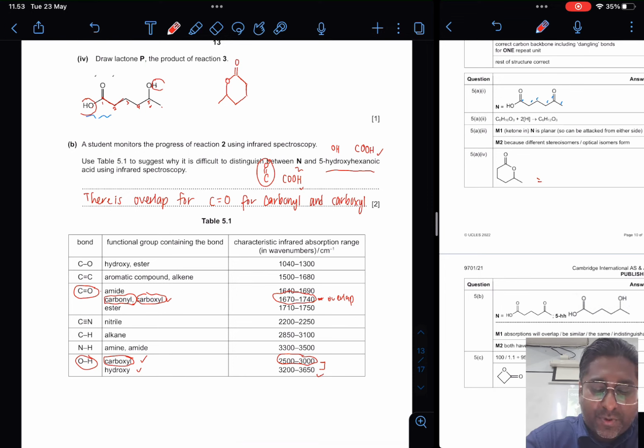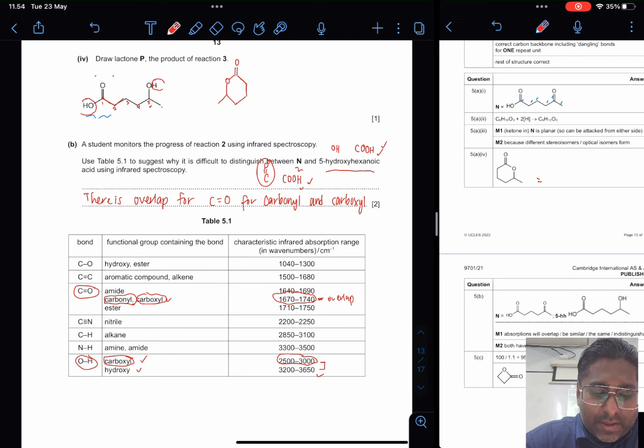That's one of the problems. There's an overlap. And then we know that both of them also have COOH together. That will actually make it more difficult. Because one, there is an overlap, another one, there is COOH.